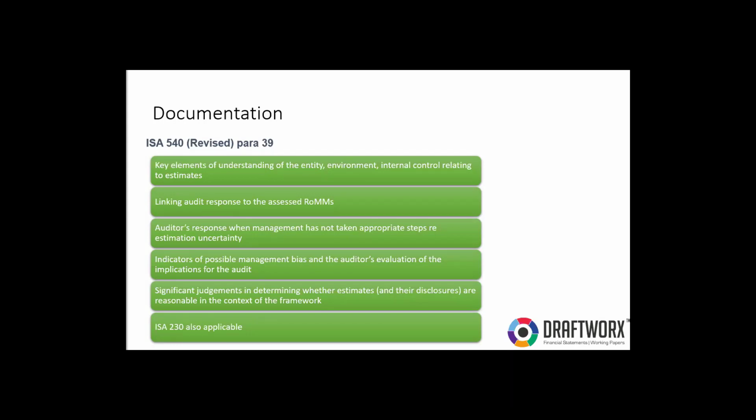But those basic principles of documentation is always applicable, and also applicable here to auditing of accounting estimates.